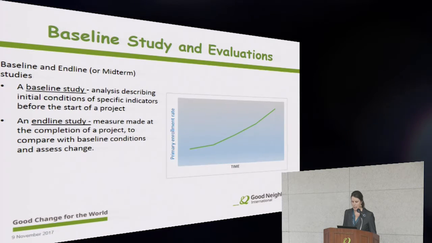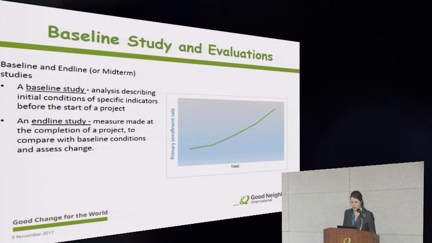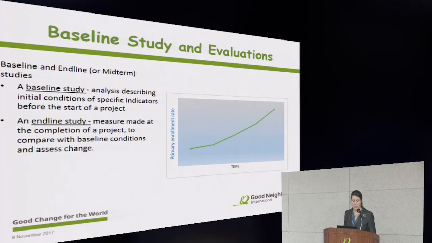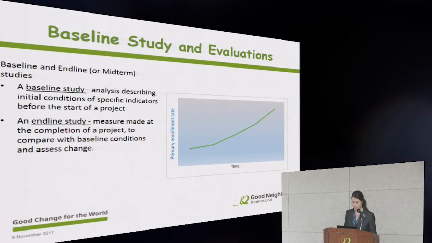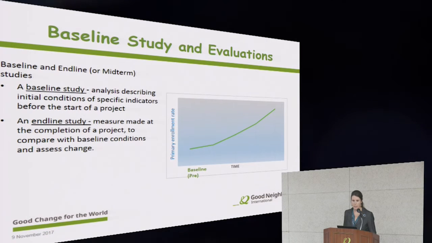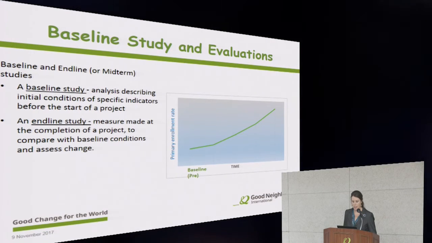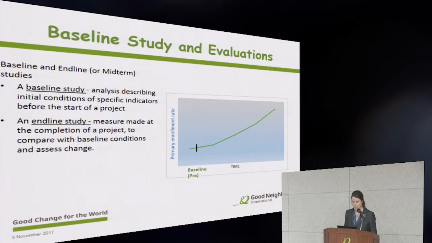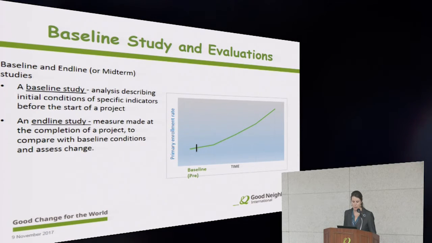So let's look at an example of one of our indicators. Let's say our indicator is primary enrollment rate, and we go out and we collect data at baseline. So before our activities have started, we collect data, and we find that the primary enrollment rate is here.